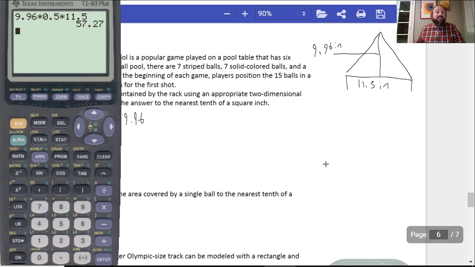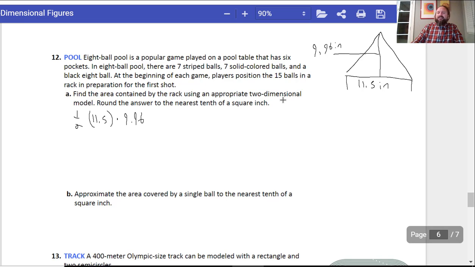We get our answer of 57.27. So to the nearest inch would be 57, going down. Round down. 57 inches. Approximately 57 square inches. Wait. Yeah, square inches.